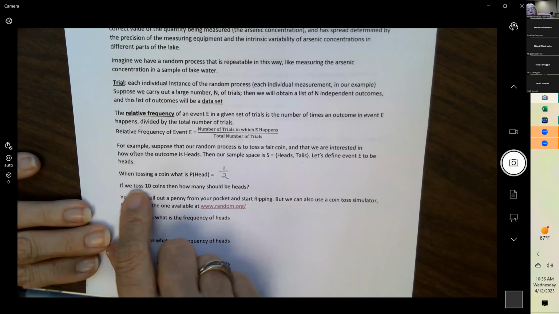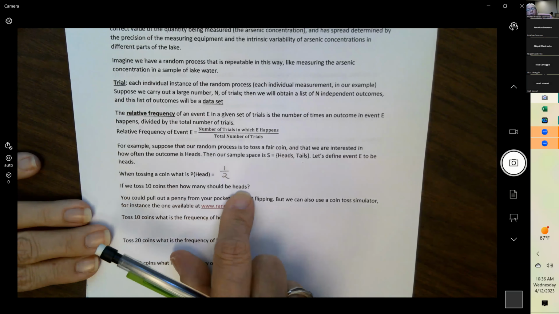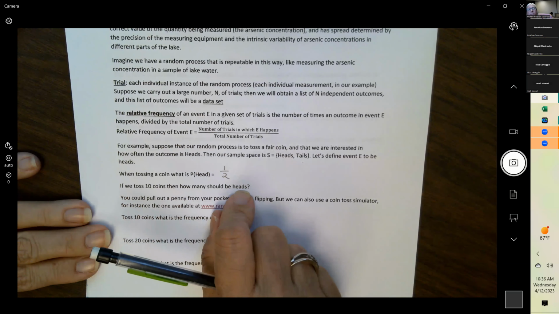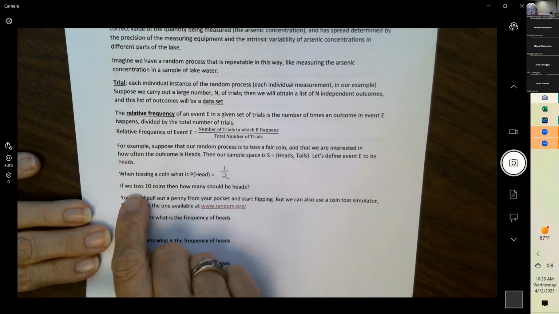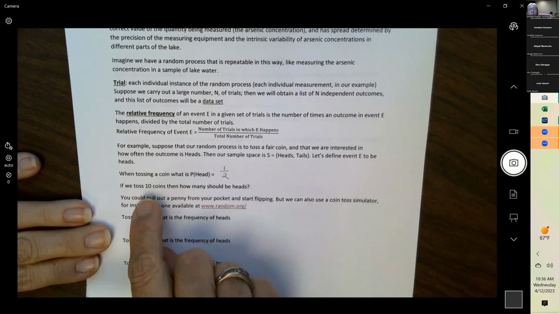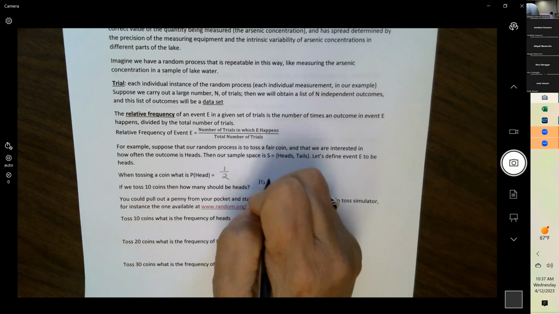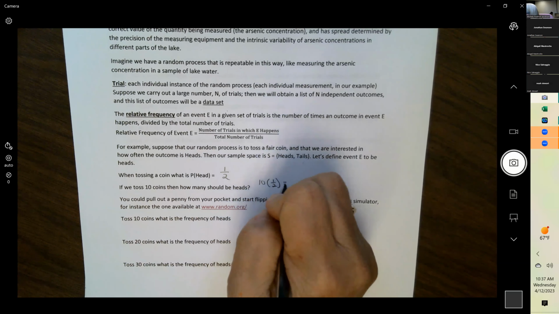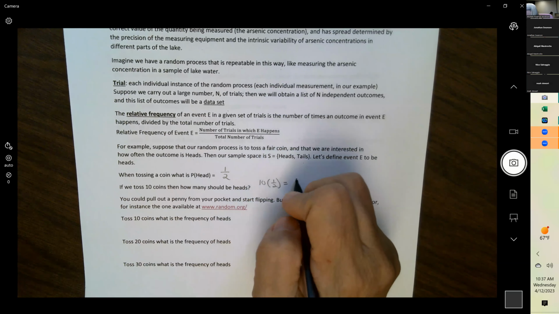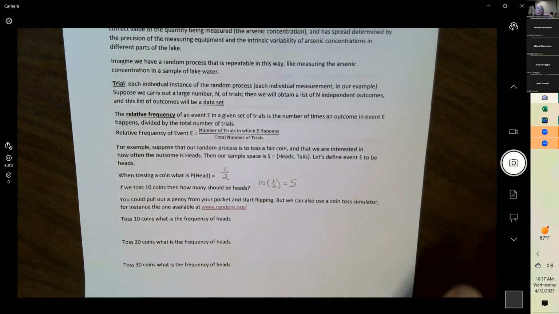If we toss 10 coins, how many should be heads? Well, if we toss 10 coins, half of them. 5. More than likely, there will be 5.